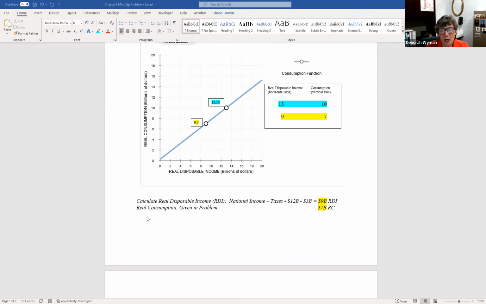And we already know it's given in the problem, real consumption is 7. So the first plot that you're going to do is 9, 7. Real disposable income is on the horizontal axis here, and the consumption is on the vertical axis. So you're going to plot 9 here and 7.